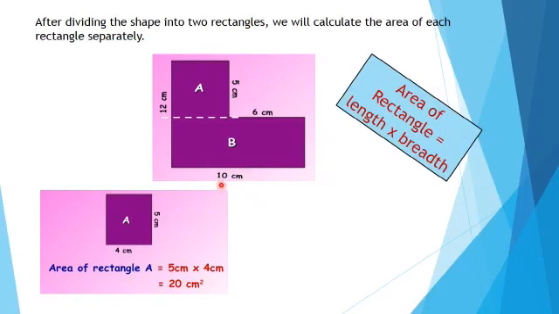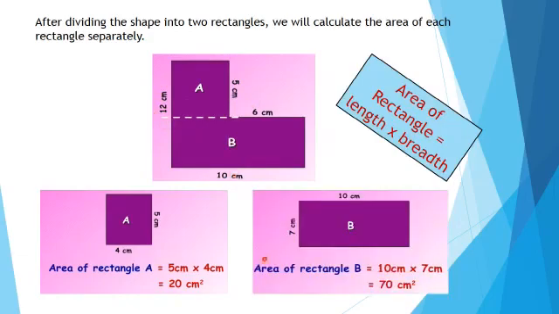But to find its breadth, we subtract this 5 cm from this 12 cm. So, breadth of rectangle B will be 12 minus 5 and that is 7 cm. Therefore, the area of rectangle B will be 10 cm multiplied by 7 cm and that is 70 cm square.